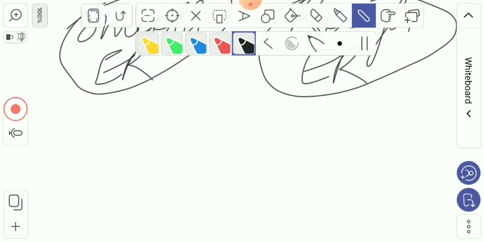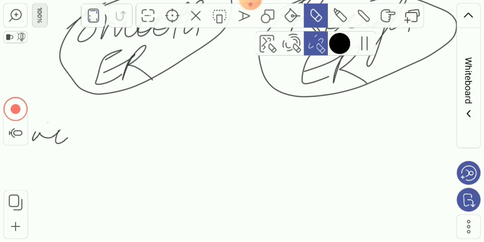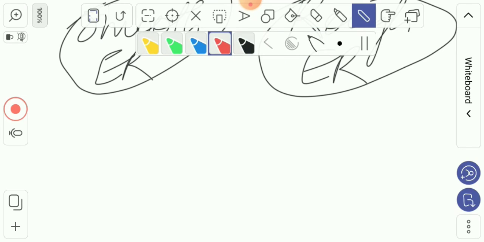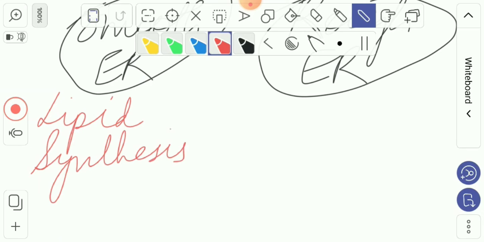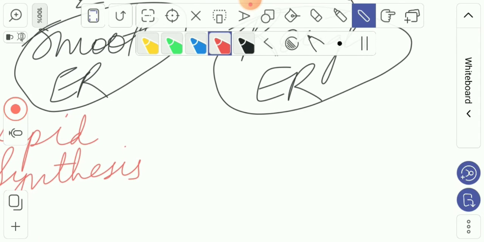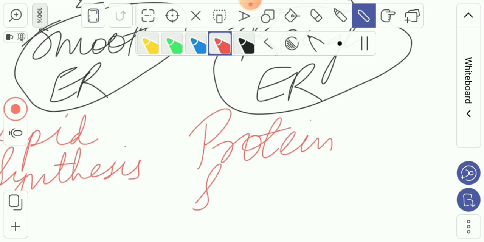Smooth ER is the major site of, this is important, lipid synthesis. Okay, remember this. And rough ER, this is the major site of protein synthesis.